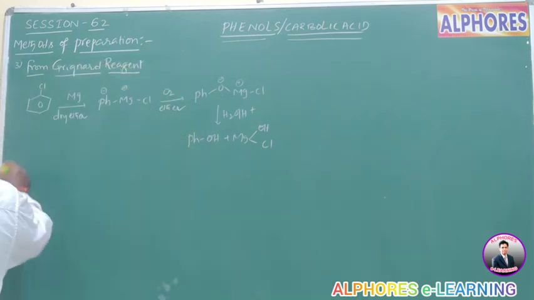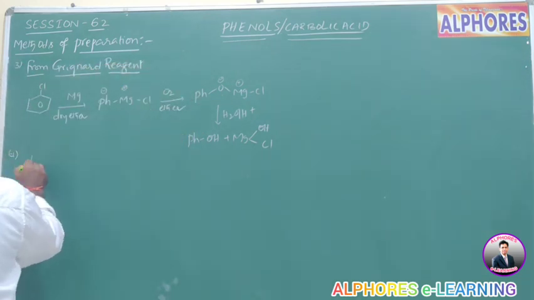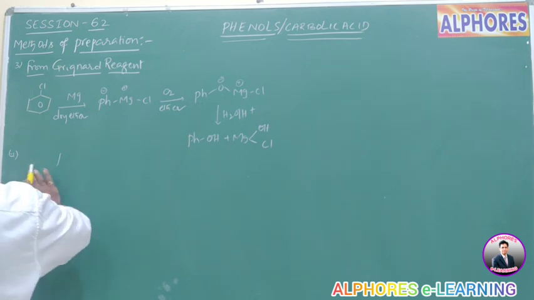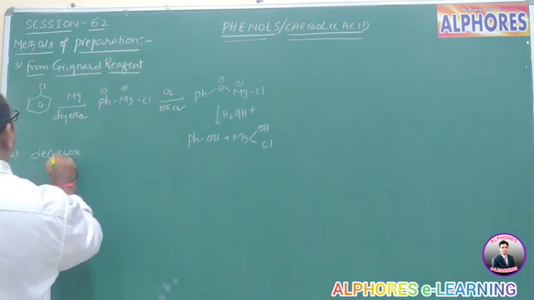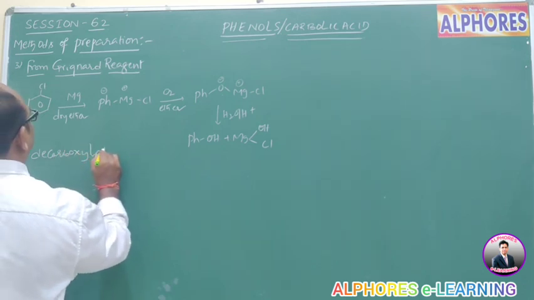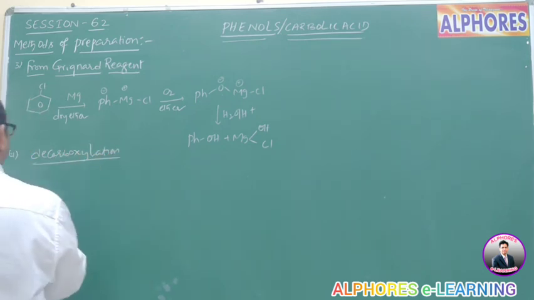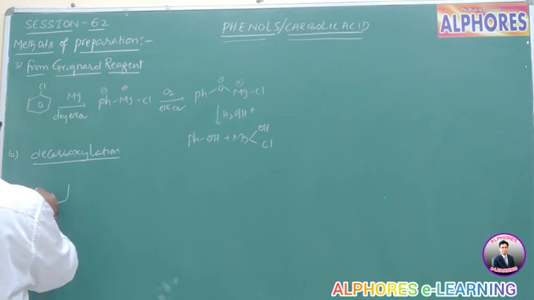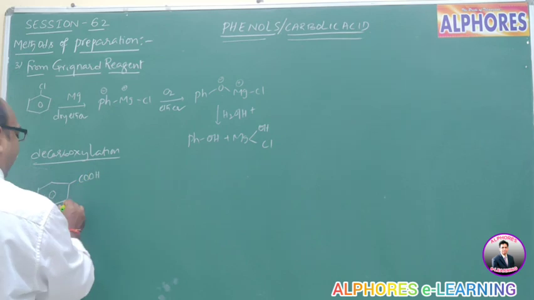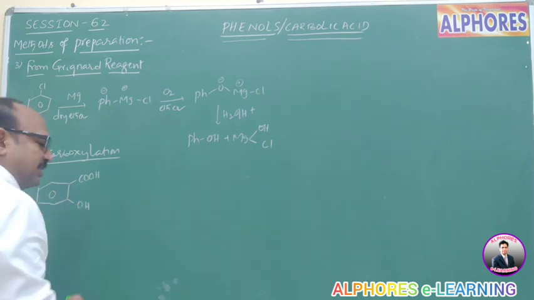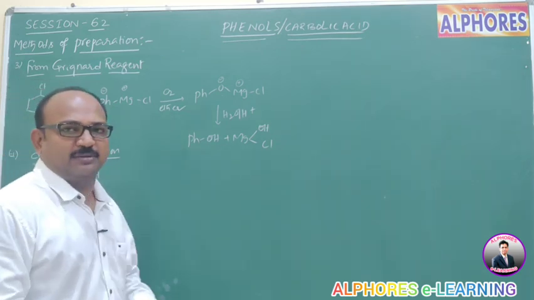And the fourth method here is decarboxylation of salicylic acid. As we know, benzene carboxylic acid means benzoic acid, upon decarboxylation we are getting benzene.